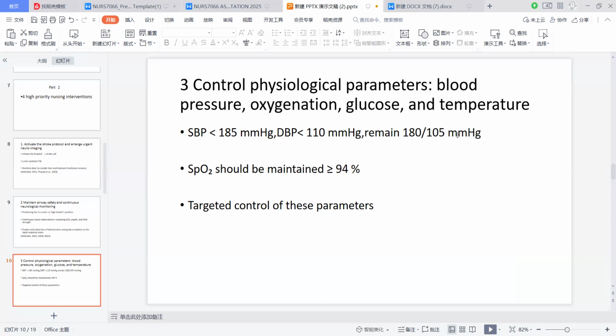Oxygen saturation should be maintained over 94%, with normal glycemia and normothermia, to prevent secondary brain injury. Evidence also shows that targeted control of these parameters will lower the risk of hemorrhagic transformation and improve cerebral perfusion.